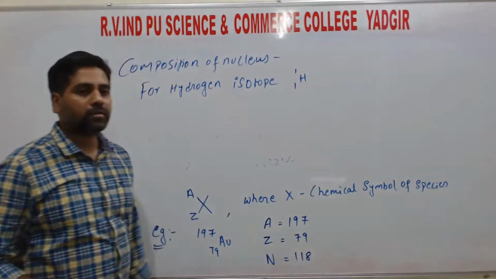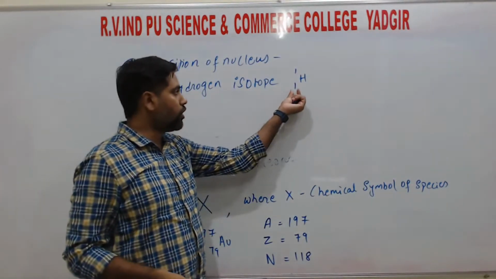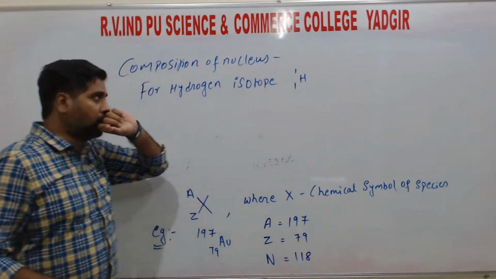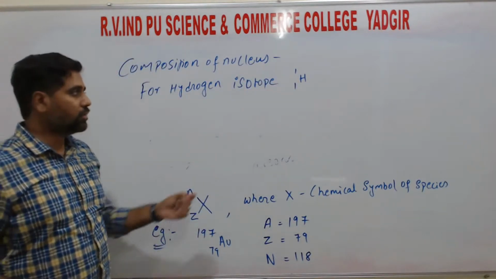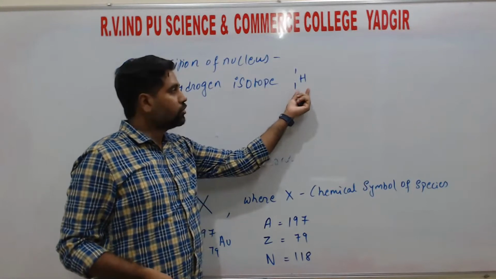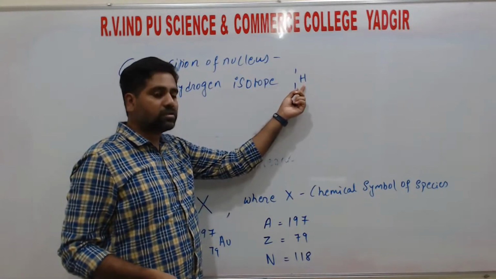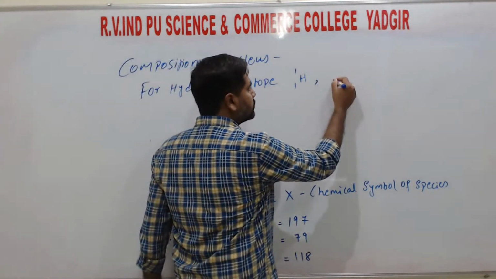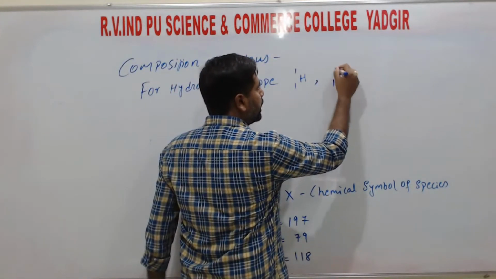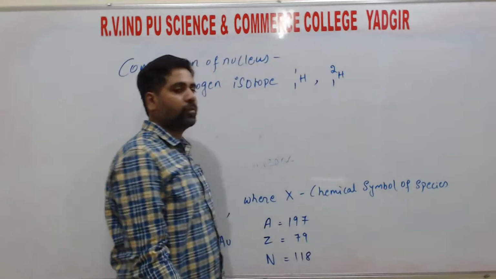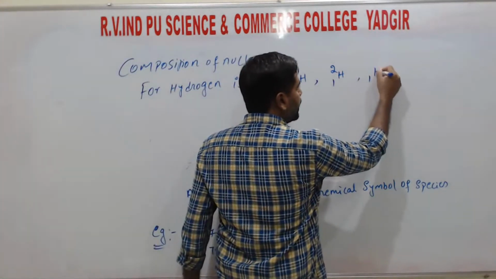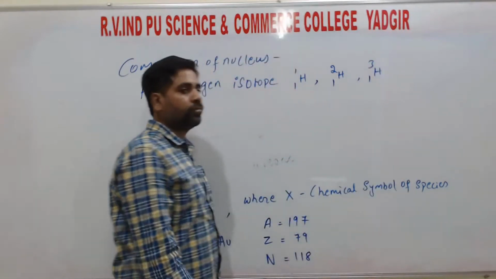1H1. That means hydrogen consists of 1 proton and 0 neutrons. That one is the proton, right? So the hydrogen nucleus consists of only the proton. This one is the first, and next is 1H2, deuterium, and the third one is 1H3, right?